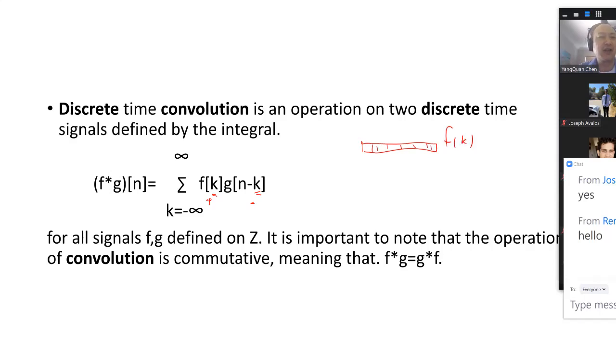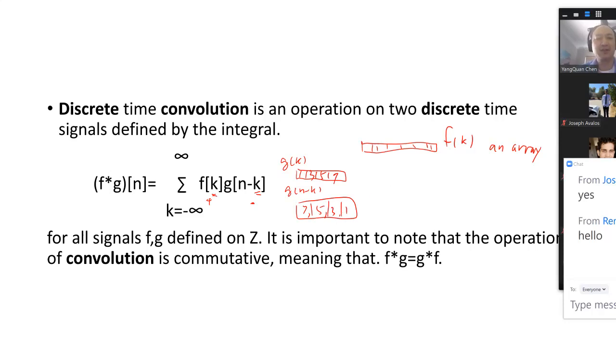So you have an array of f[k], and if you also have g[k], say for example 1, 3, 5, 7, then g[n-k] would be 7, 5, 3, 1.